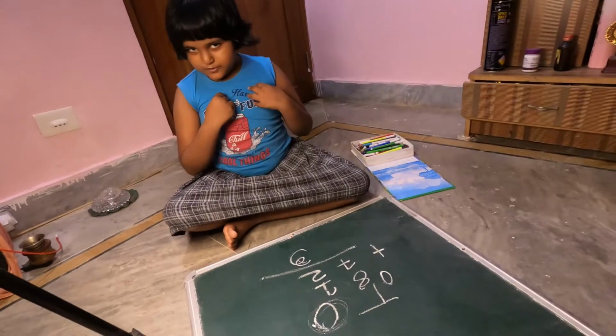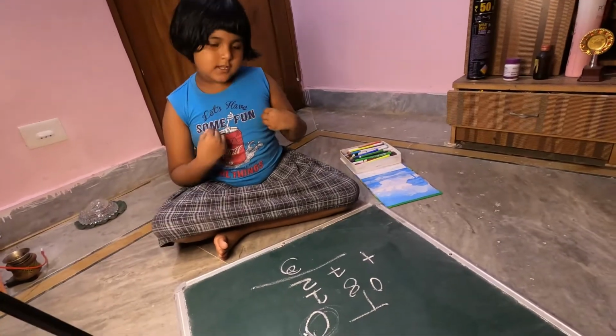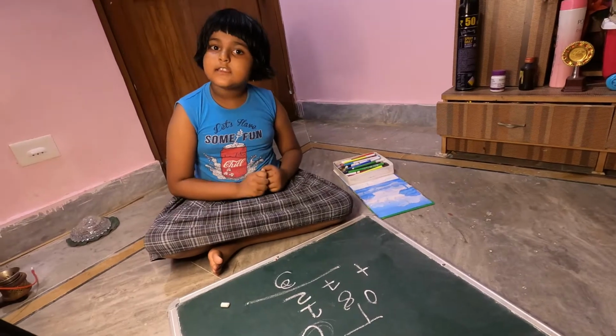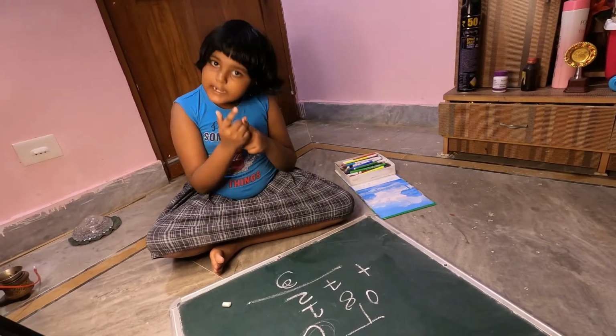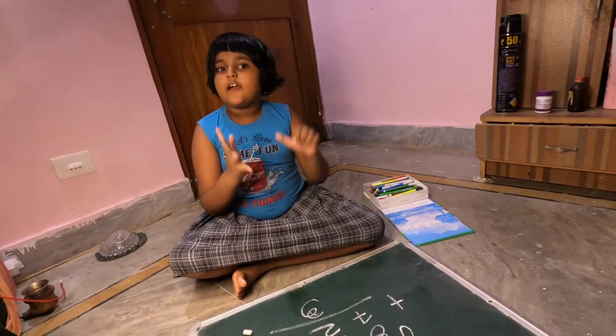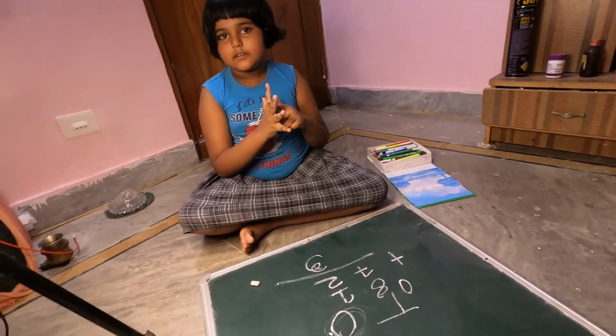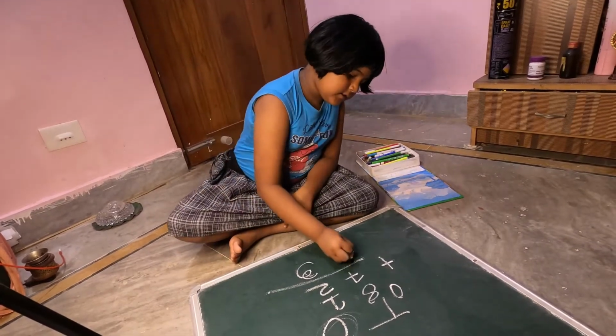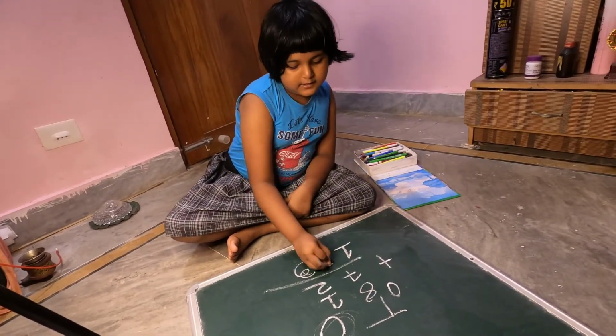Sorry, I am wrong. Let's count again. Then 8, then 9, 10, 11, 12, 13, 14, 15. Okay, the answer is 15. Means this comes here and write.